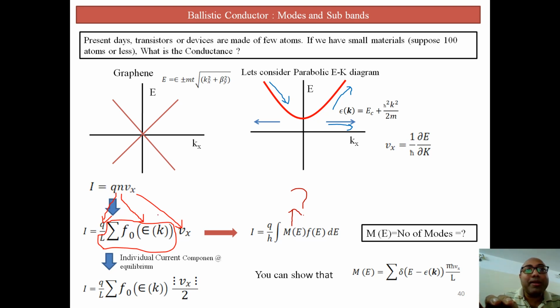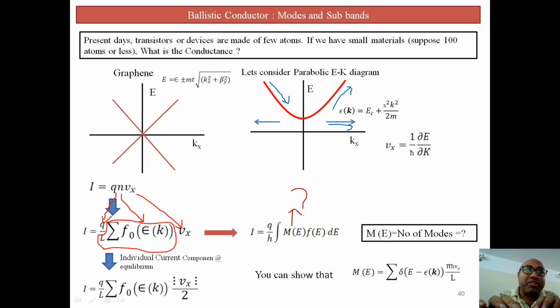Why? Because the number of electrons you can find out from the density of states. This is also density of states. So this is my general expression. You can also equate it with the density of states multiplied by Fermi-Dirac. So what is my density of states? The density of states is actually del E minus epsilon k. If you equate it, you will get it.